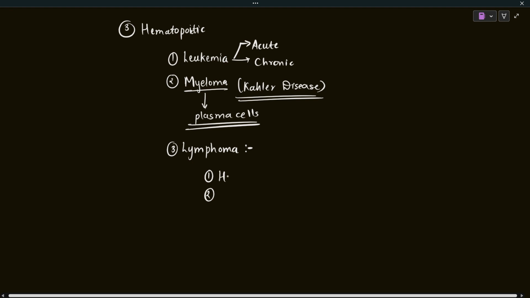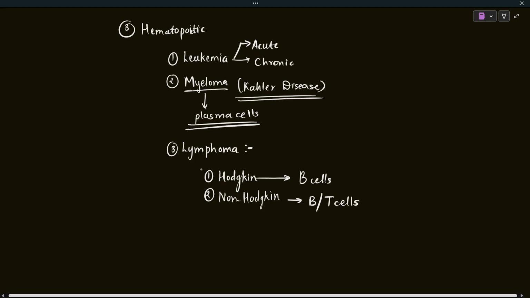So the Hodgkin and non-Hodgkin lymphoma. The characteristic is that Hodgkin lymphoma can develop in the B cells, and non-Hodgkin lymphoma can develop in B cells or T cells.